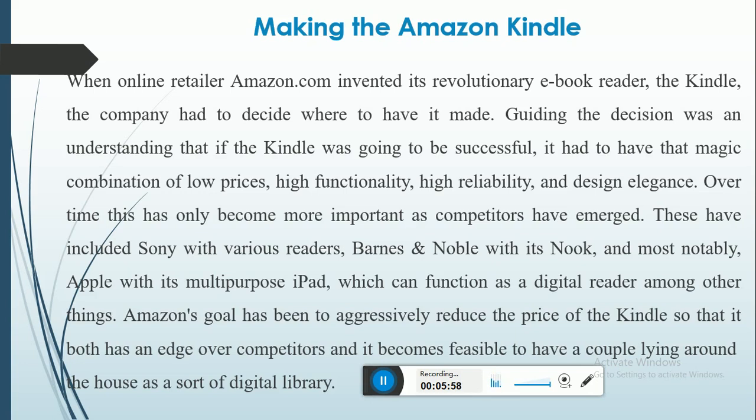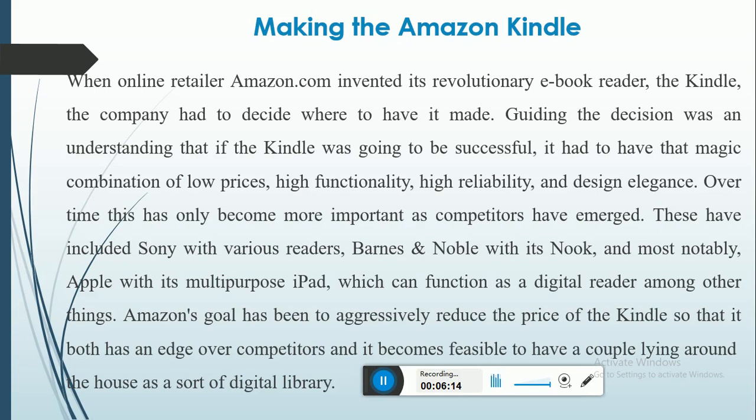They moved their production to different countries and assembled it, and tried to compete with their competition and also attract customers. So that's overall about this case.